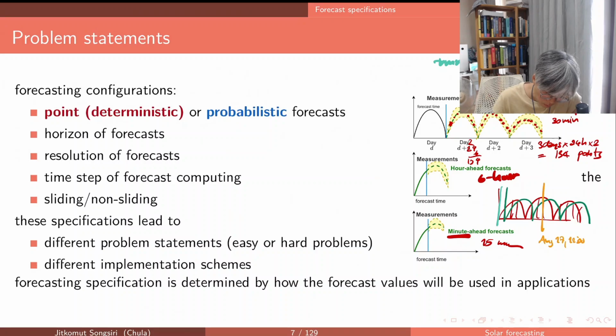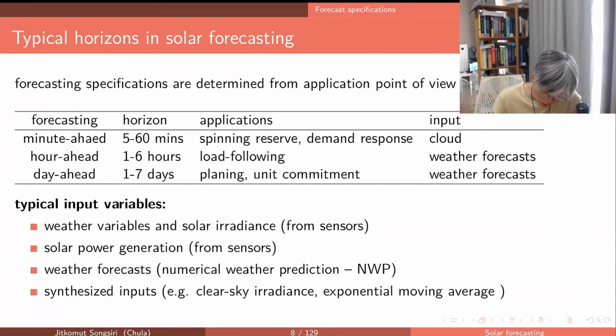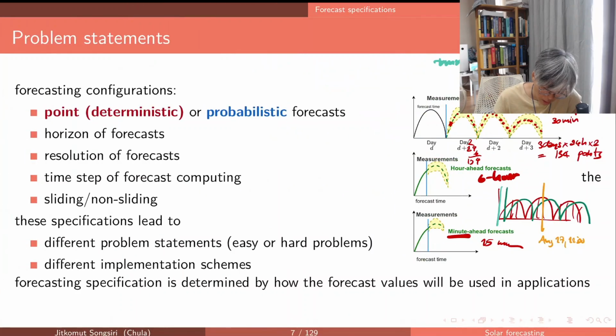I also would like to give some examples of how different problem statements can be used in applications, because you may have a question: you see that different configurations lead to different problem statements, but how can we select these values?